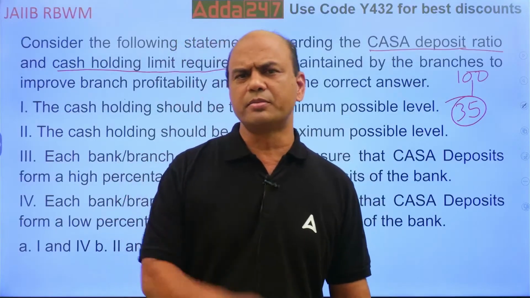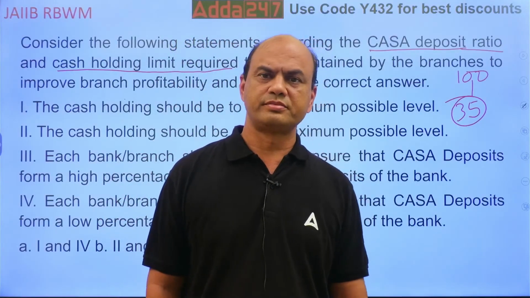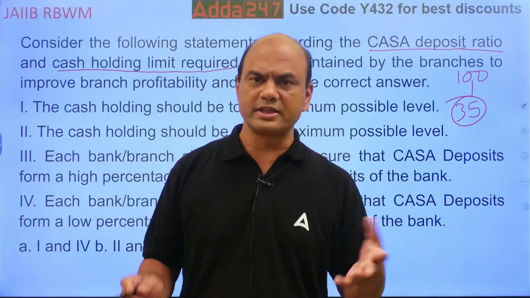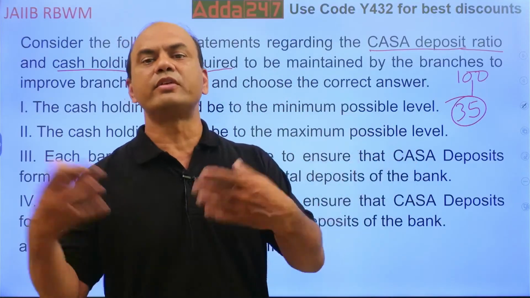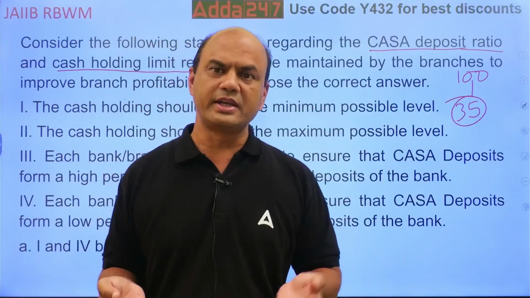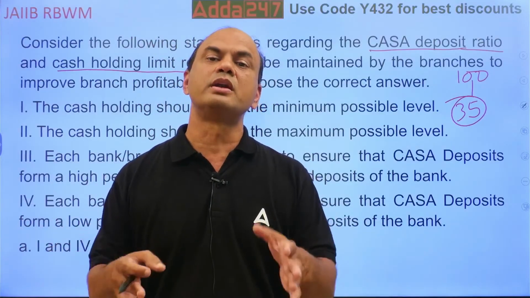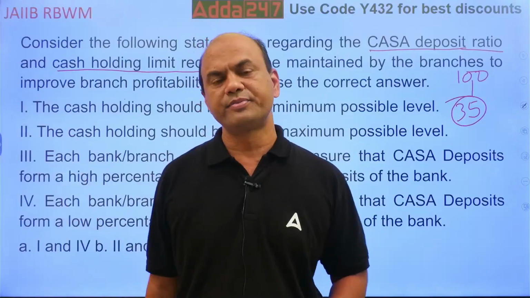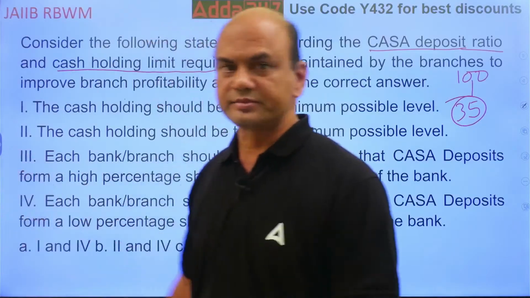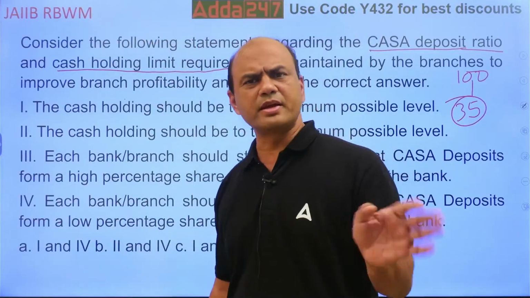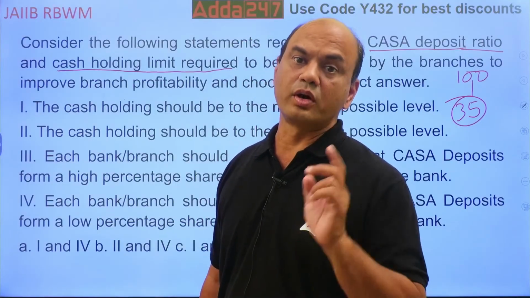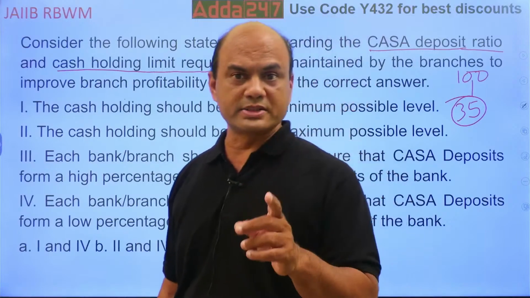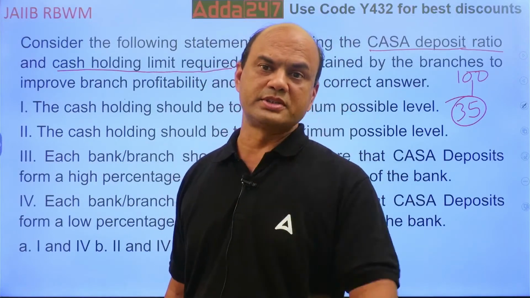This is the basic thumb rule for any bank. Bank or branch. After all, if the branch is maintaining such a thing, then only the bank will maintain, isn't it? Net everything in the branches is totaled for the overall bank. And regarding cash holding, in any branch, kindly note, your cash holding should not be more than 1% of your total deposits.